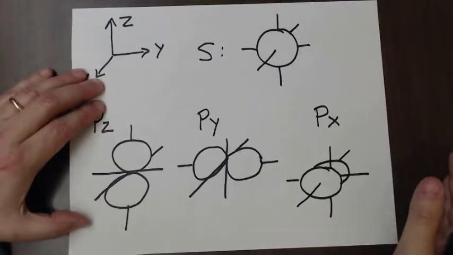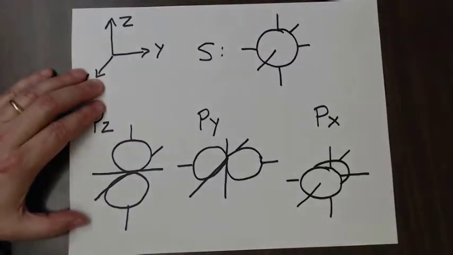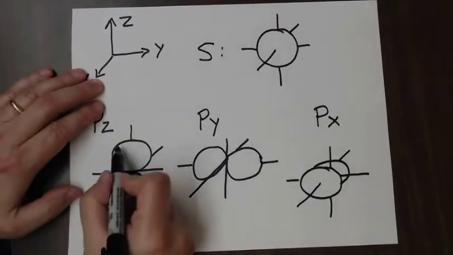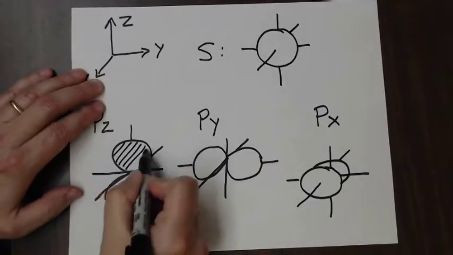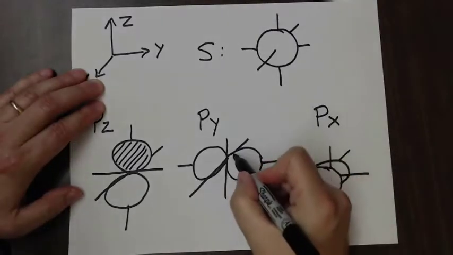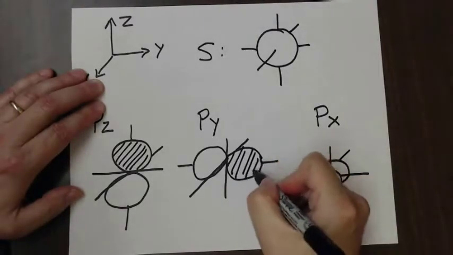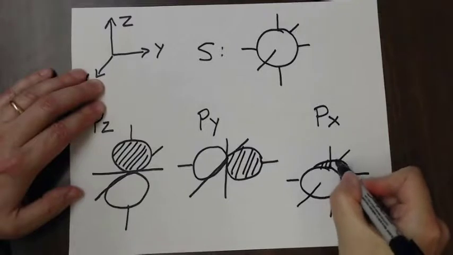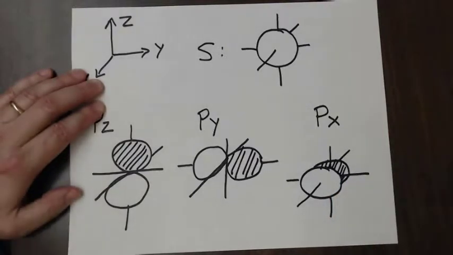Actually, that is not the final detail on these orbitals. We're going to shade in one of the 2 lobes on each orbital. Don't be confused. The shading has nothing to do with charge. This is a negatively charged electron everywhere. Nor does it have anything to do with electron spin.